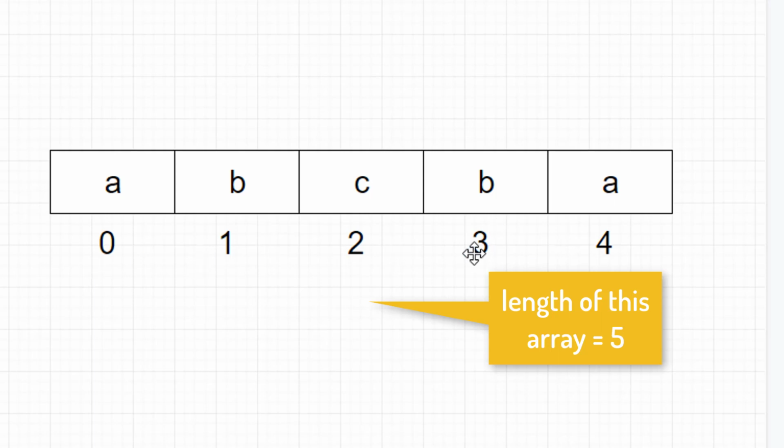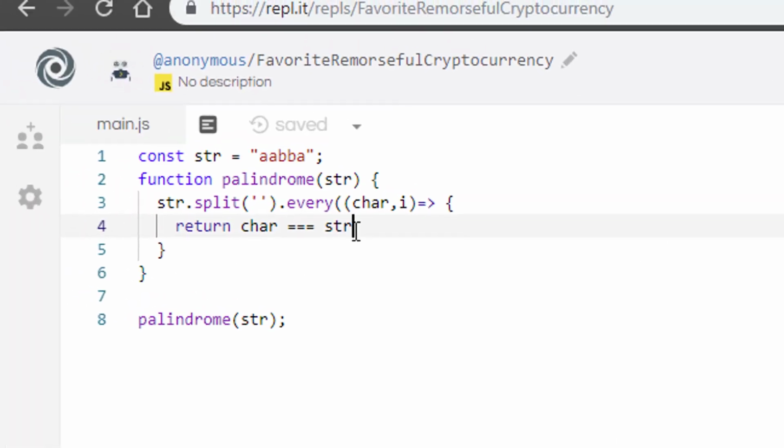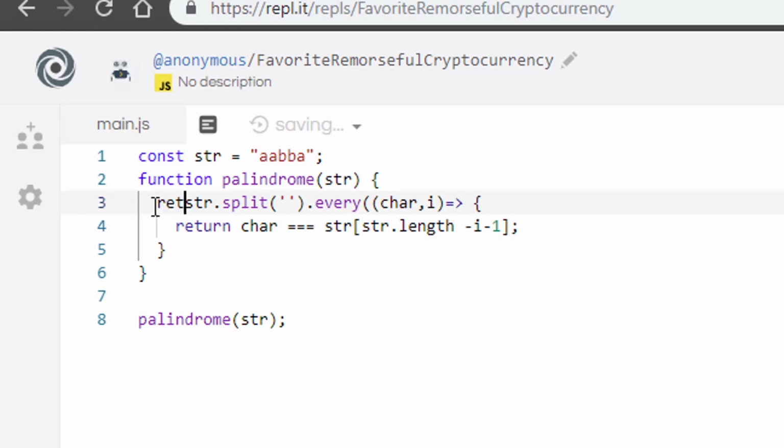So if we want to access the last element, we take the length of the array, which is 5, minus 1. So long story short, all we have to do is look at string dot length minus i minus 1. And the last thing we have to do is make sure to return the result of the every helper function call. I think we are ready to test this.